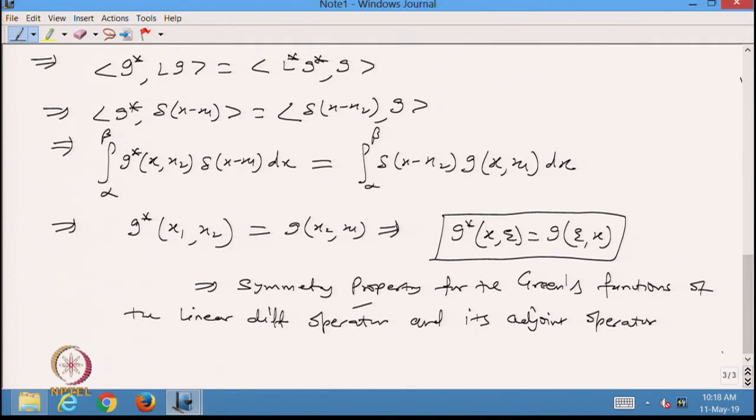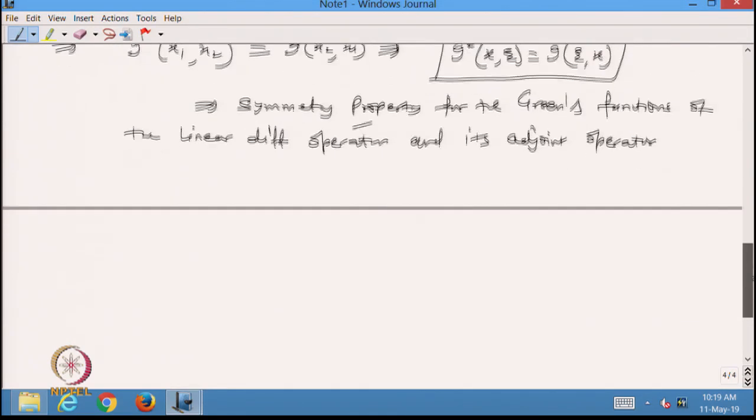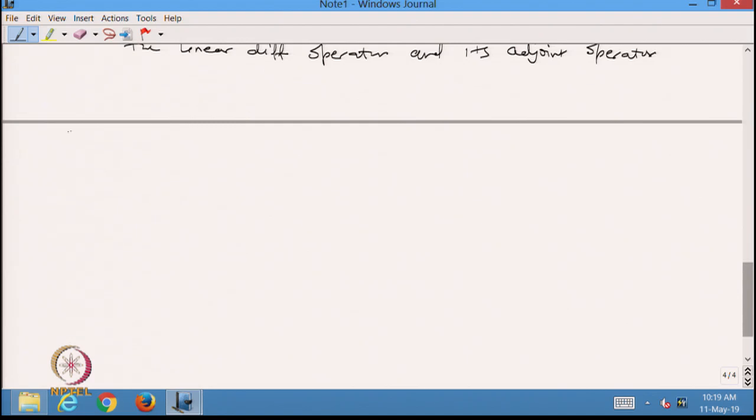So, let us verify how we are able to find the Green's function for the given operator and its adjoint operator. Let us do one problem, then it will be more clear. So, let us take one example.